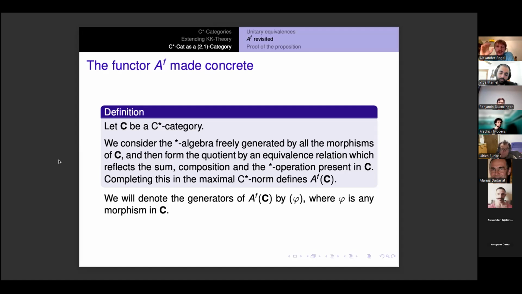And once you have this, you just put the maximal C-star norm on this thing, and completing this gives you a C-star algebra, which is then AF of C.